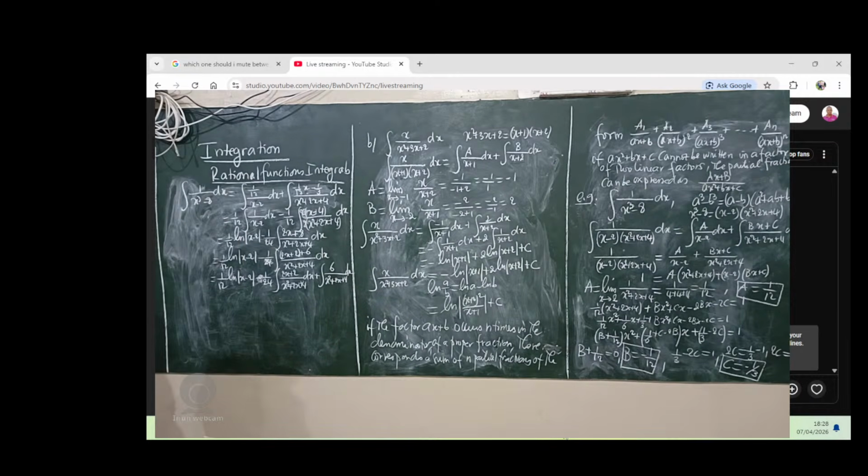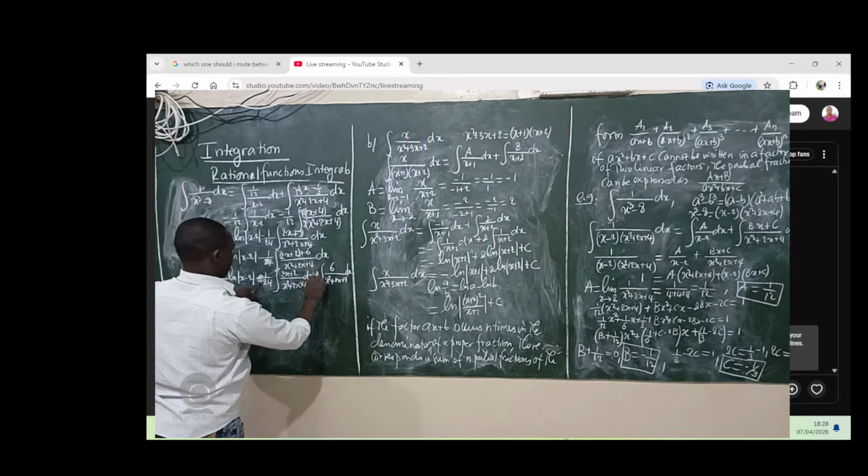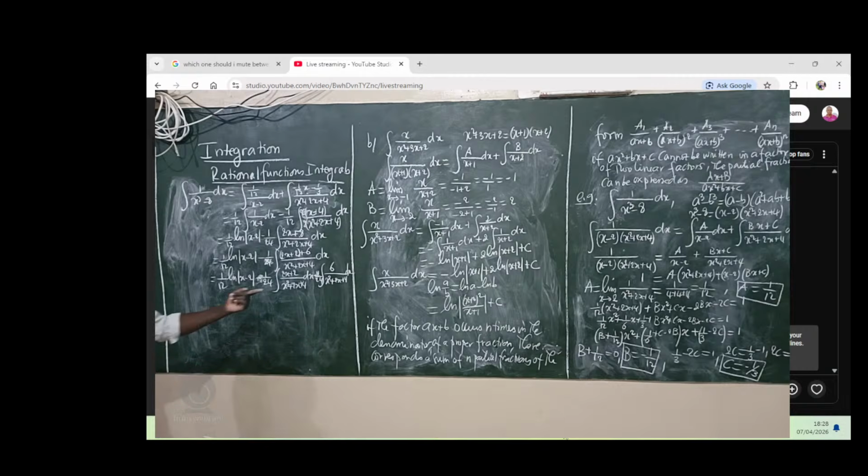You see, here is minus 1 by 4. As you see, the derivative of this stuff is there, that's why the integral of this will be the natural log of this denominator.